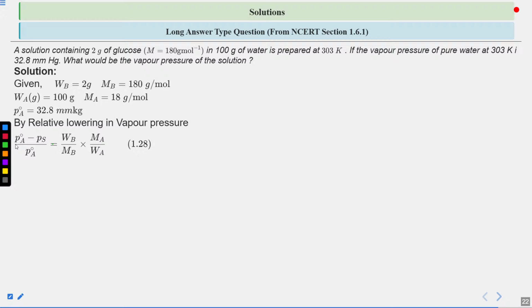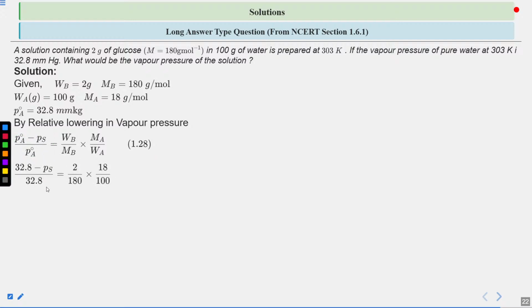So the P naught A minus Ps upon P naught A, this whole term, as I said previously also, is representing the relative lowering in the vapor pressure. Wb is representing the mass of the solute, Ma is representing the molar mass of solvent, Wa is representing the mass of the solvent, and Mb is representing the molar mass of the solute. We use this equation, which is termed as 1.28, given in our NCERT textbook in the solution chapter.